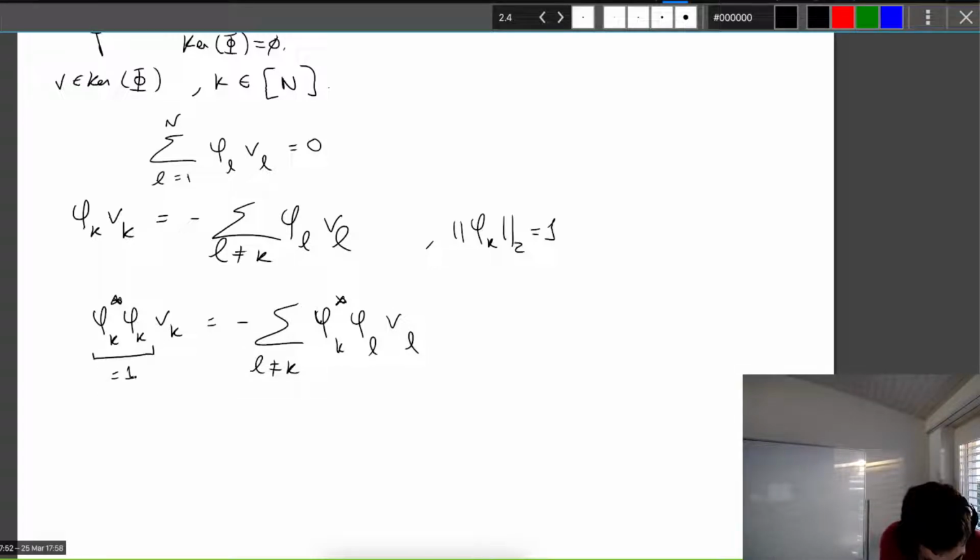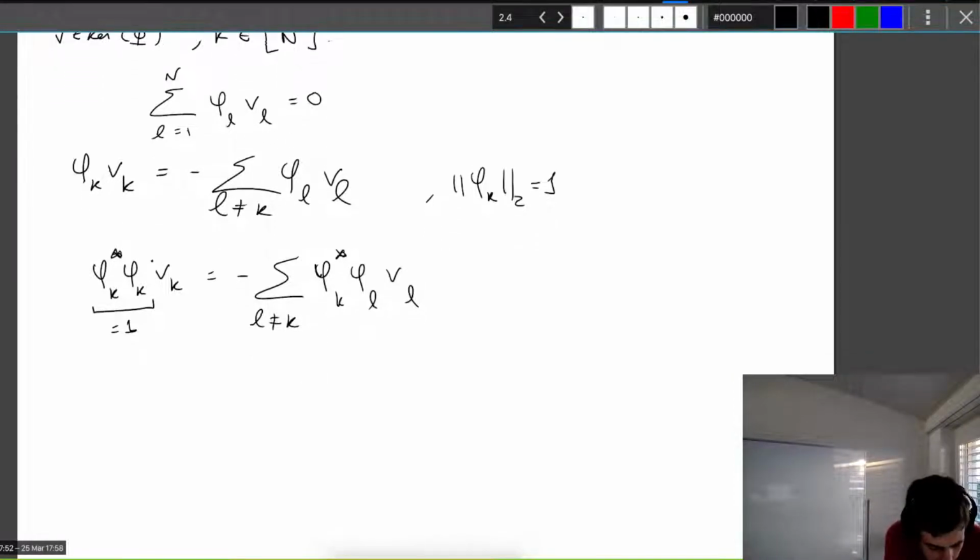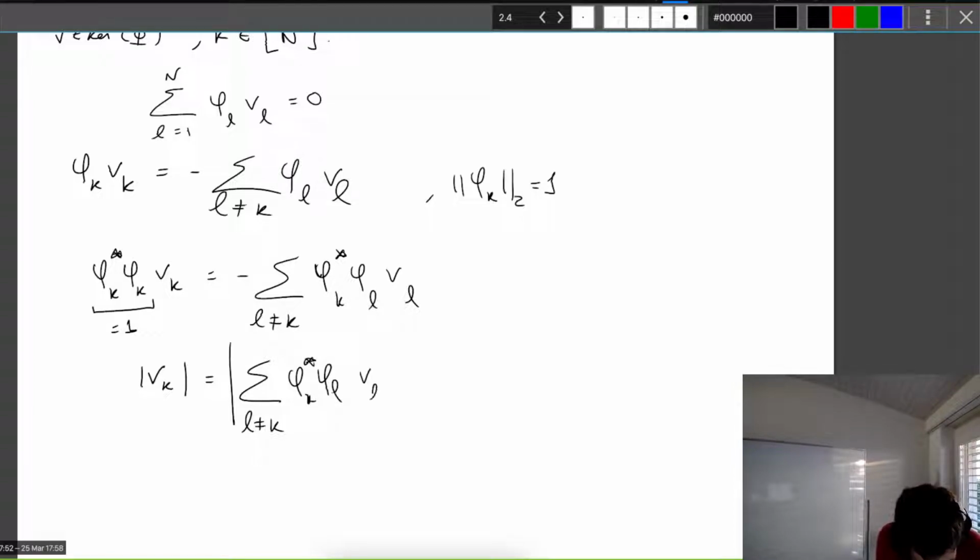Okay, this is equal to 1 because this is just equal to the norm, right? And so I have that Vk is equal to this, but now I can use the triangle inequality again. So I know that Vk is now smaller or equal than, or I should say is equal, let's start with equal, to, I can take away the minus, sum L different than K of this inner product, phi K, phi L, I don't need to put the inner product, let's just say this, VL.